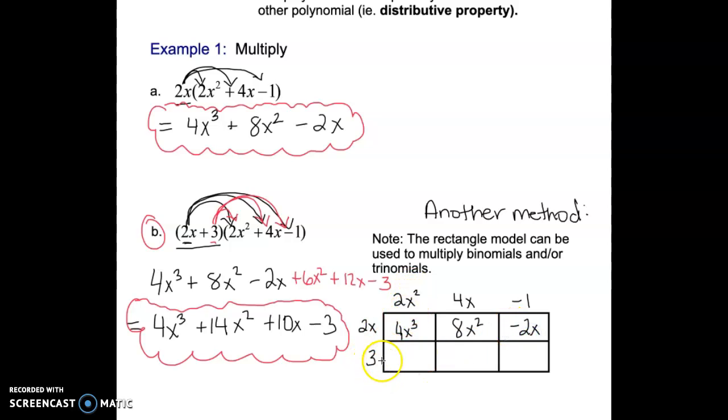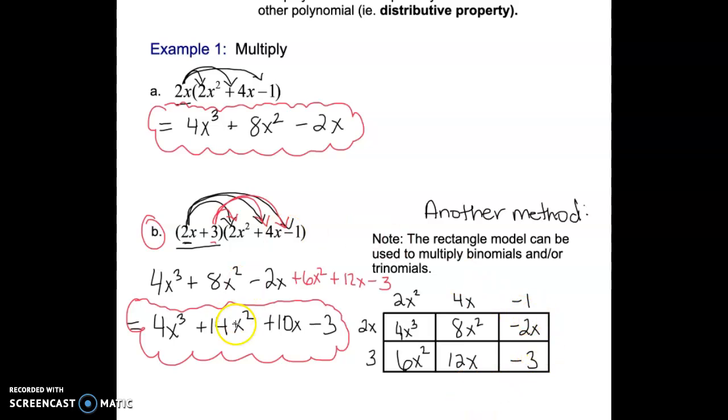Then we go along with the 3 on the bottom. 3 multiplied by 2x squared gives us 6x squared. 3 multiplied by 4x gives us 12x. And 3 multiplied by -1 gives us -3.